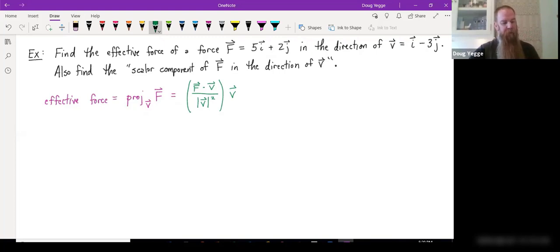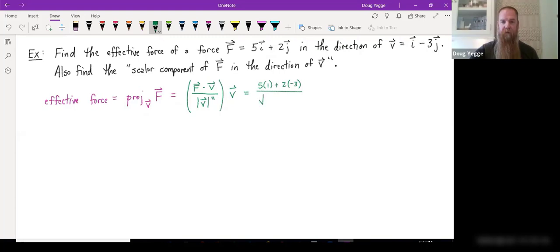Okay. Well, I'm going to keep this in terms of v for a second, and we're just going to actually apply the formula. So f dot v, that's just going to be 5 times 1 plus 2 times -3 divided by the magnitude of v squared.